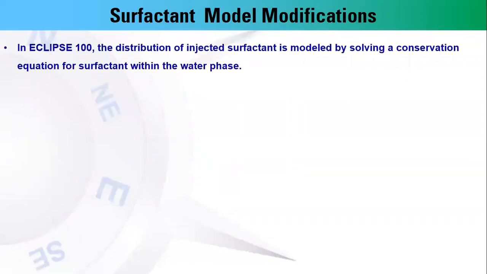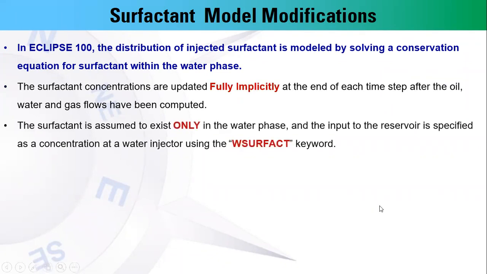So for the surfactant model in Eclipse 100, the distribution of the injected surfactant is considered as a function of the water phase. The simulator will solve a conservation equation for surfactant within the water phase, and the simulator will use the fully implicit approach.